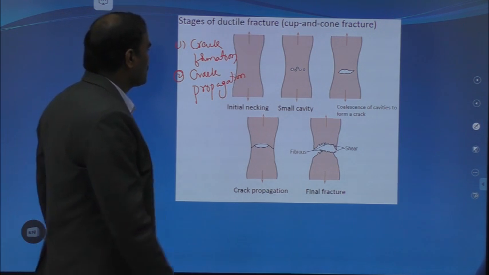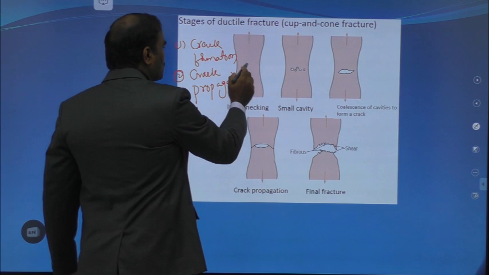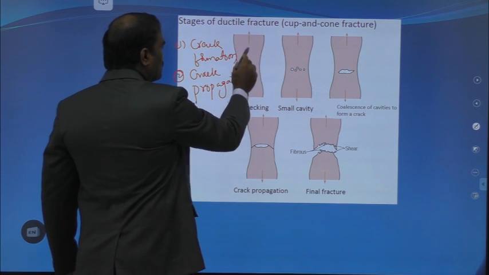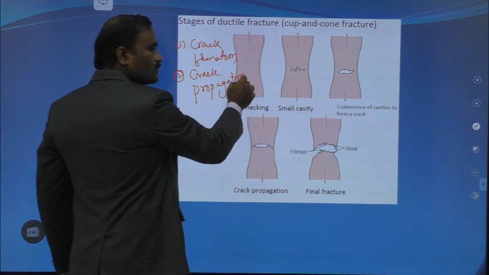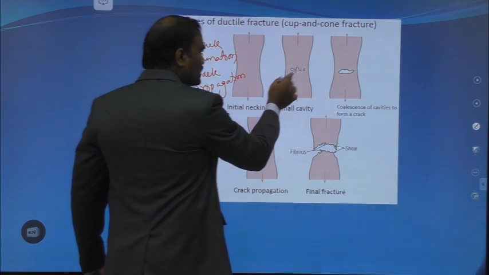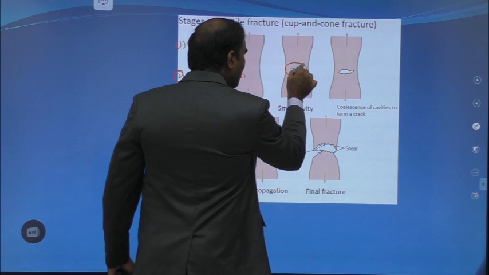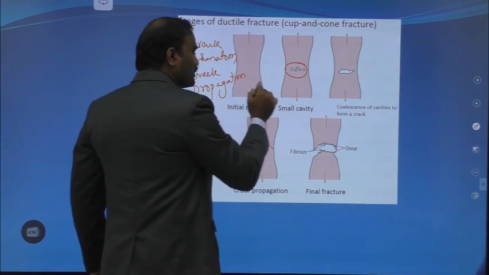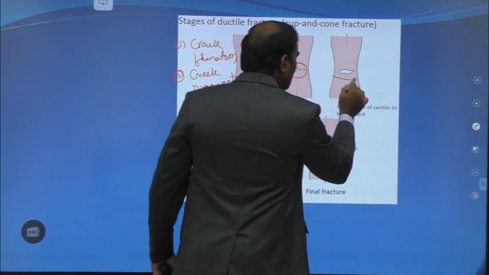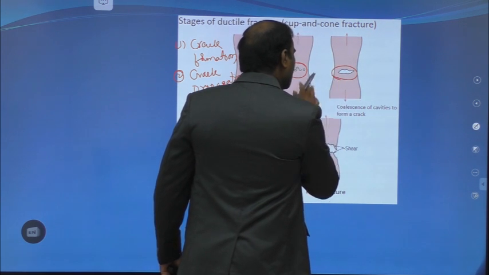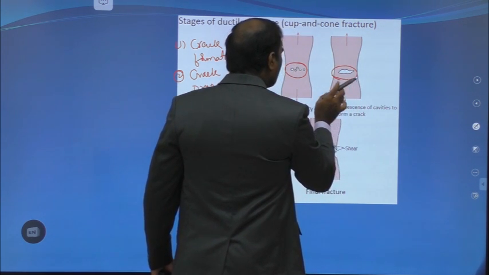What happens is, the moment you apply force, the material will be strained. Then if you apply more force, the crack will be formed. As you apply more force, the crack increases, that means it propagates.